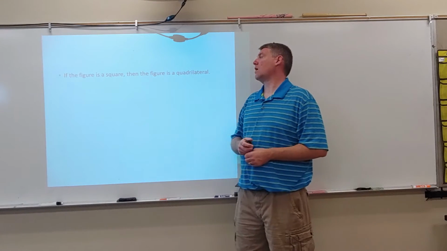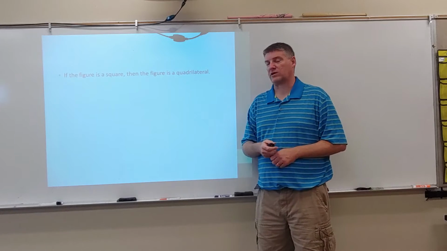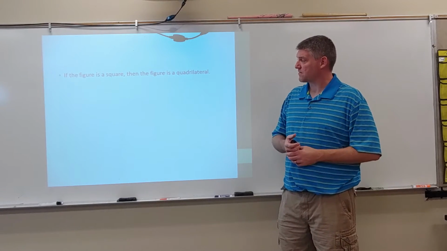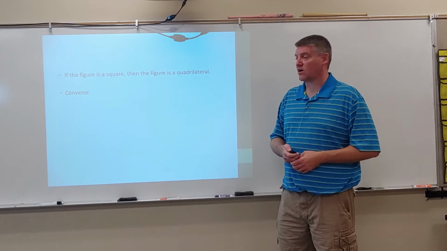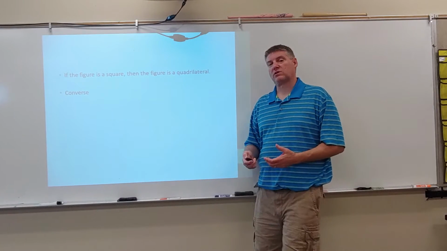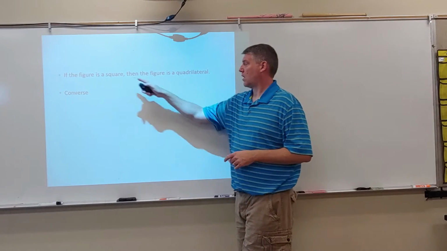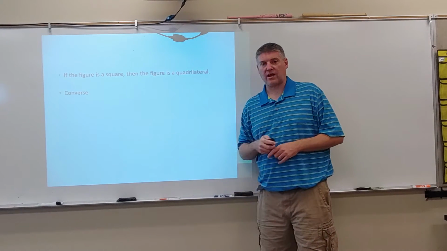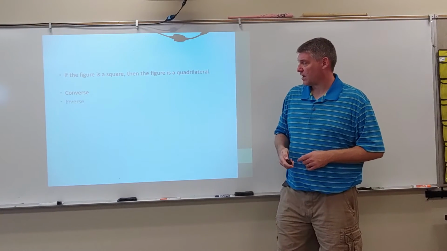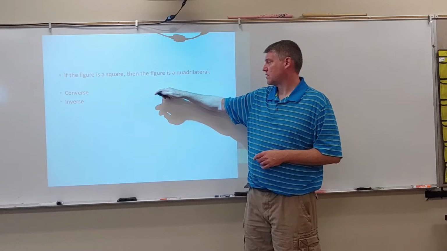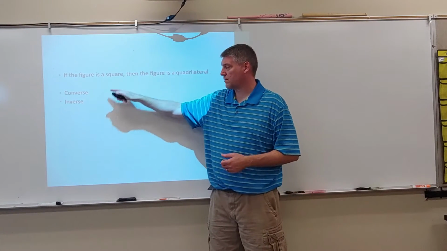Here's our next one. If the figure is a square, then the figure is a quadrilateral. There's our if-then conditional statement. Now we're going to look at the converse. If you remember, the converse interchanged our hypothesis and our conclusion. So this says, if the figure is a quadrilateral, then the figure is a square.